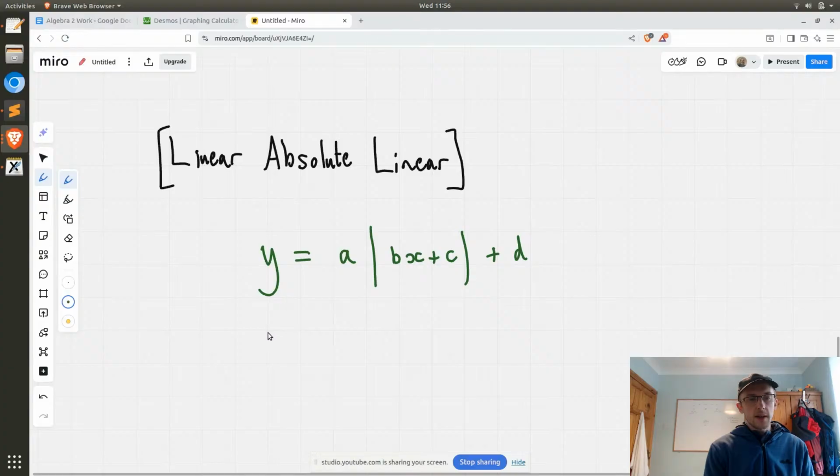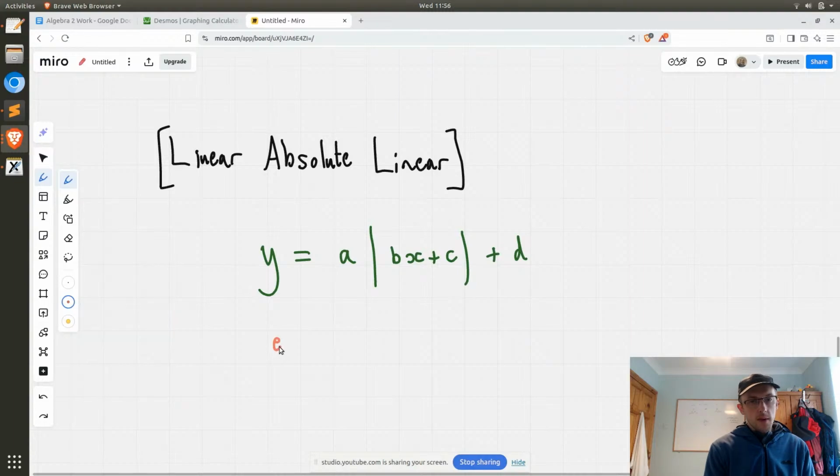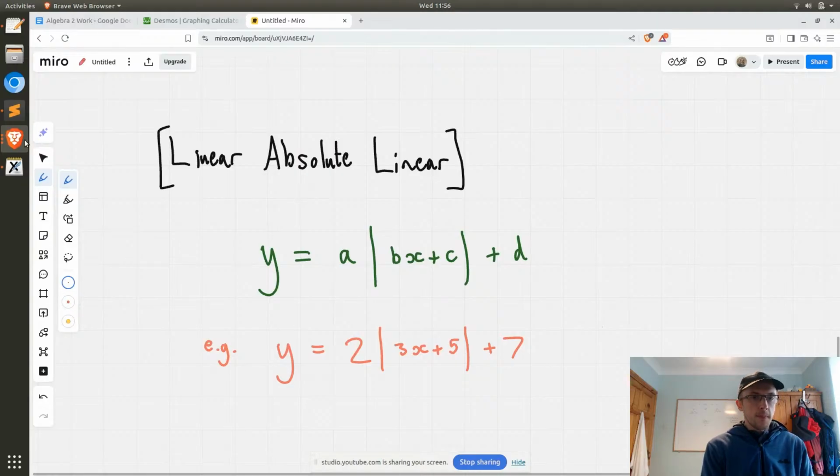Let's say, for example, I'll do an example like: A is 2, B is 3, C is 5, and D is 7.